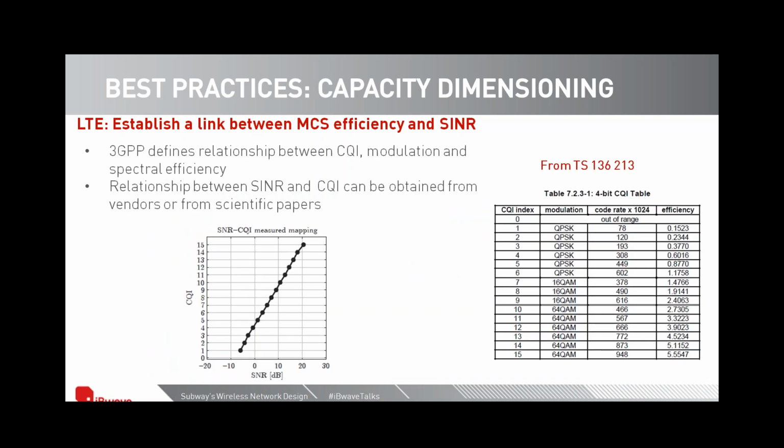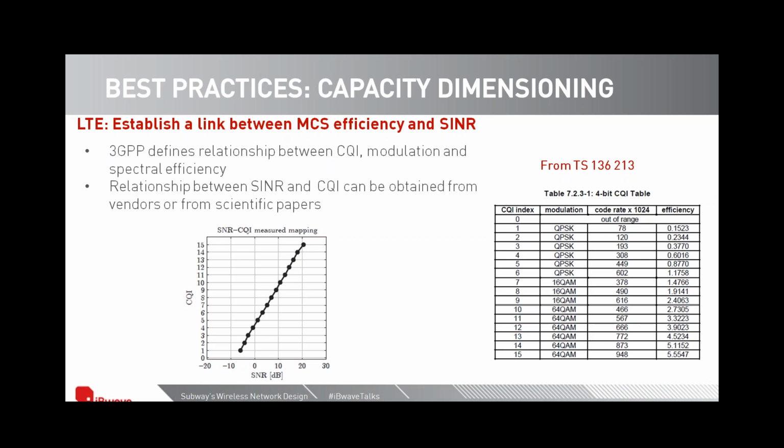The first step for LTE capacity calculation is to establish a link between spectral efficiency and signal to interference and noise ratio. The 3GPP standard defines the relationship between CQI, modulation, and spectral efficiency. This is taken from the document TS 136-213, and table 7.2.3-1 is shown to the right.